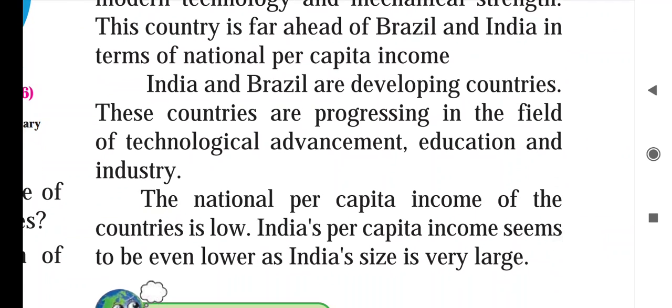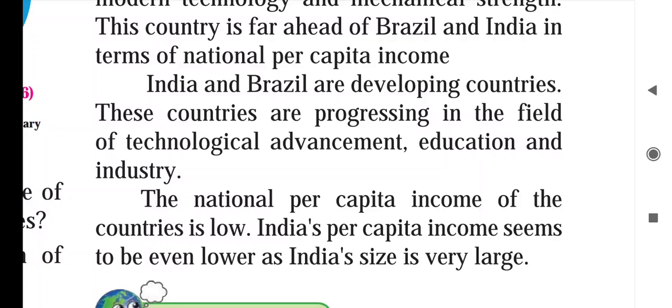India and Brazil are developing countries. These countries are progressing in the fields of technological advancement, education and industry. Both countries are developing and trying to develop in various fields like technology, education, industries, etc. The national per capita income of these countries is low.